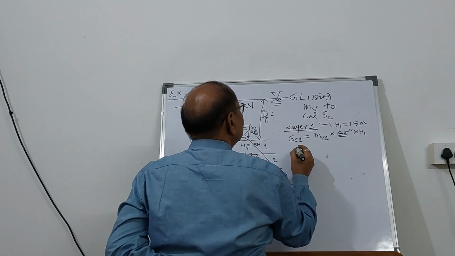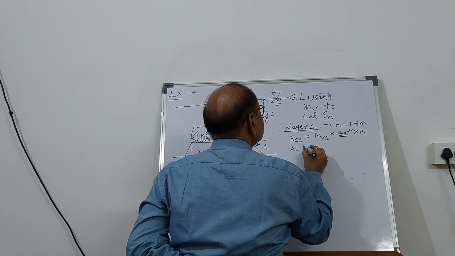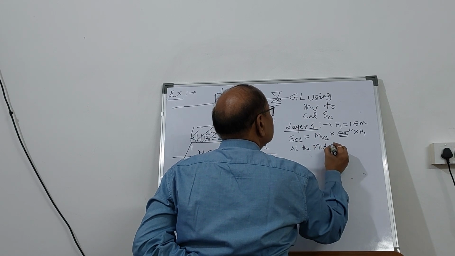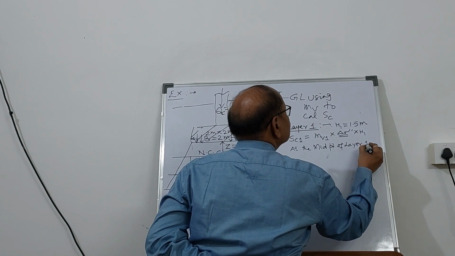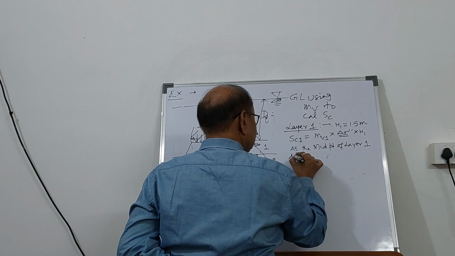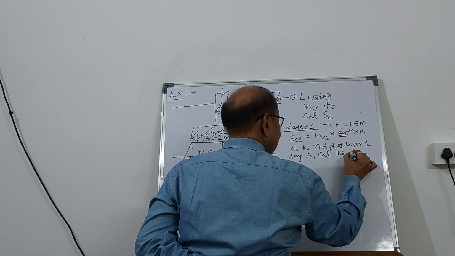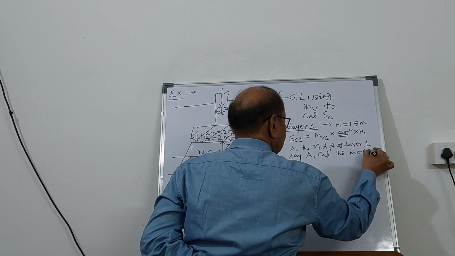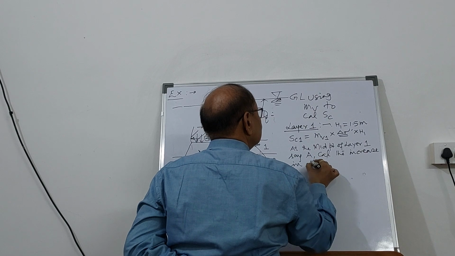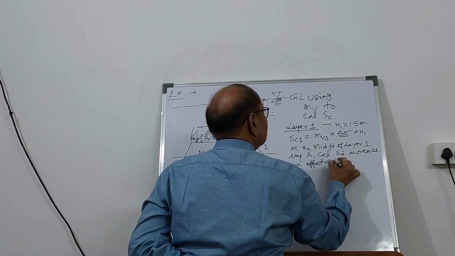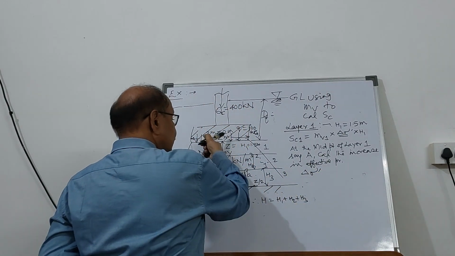What you will have to do is, at the midpoint of layer 1, say A, calculate the increase in effective pressure delta sigma prime due to this loading.